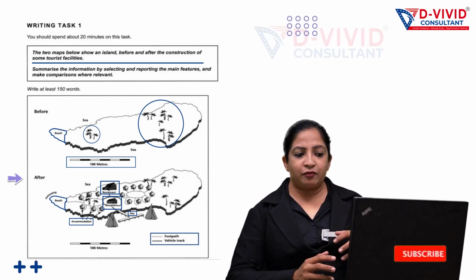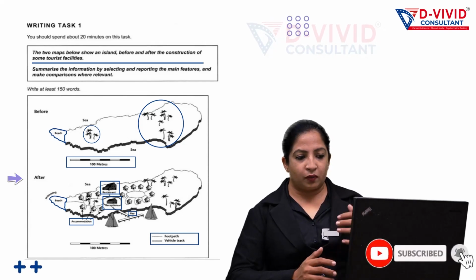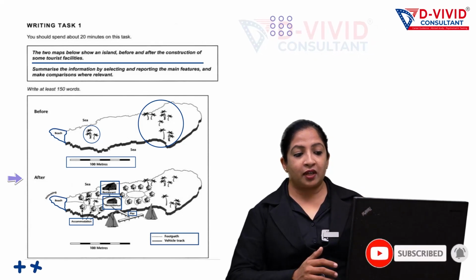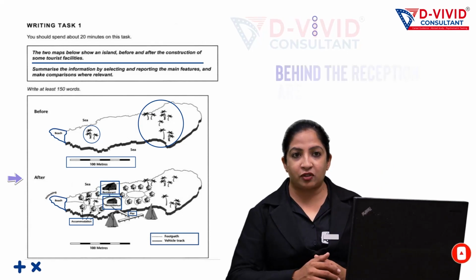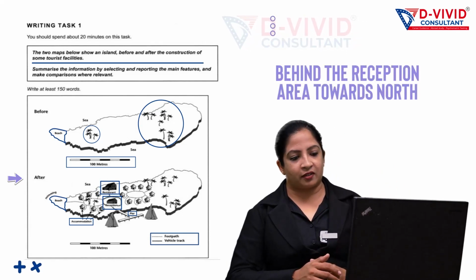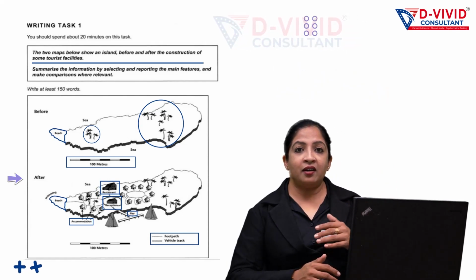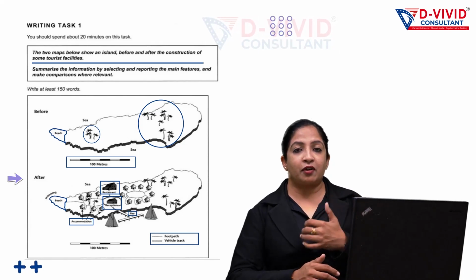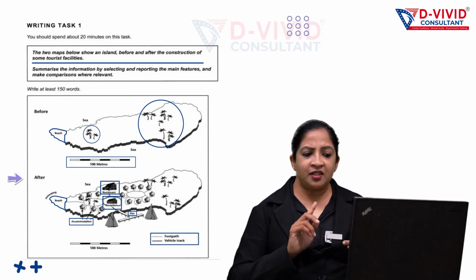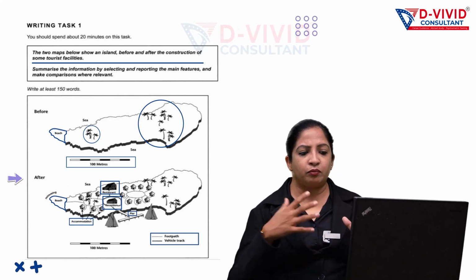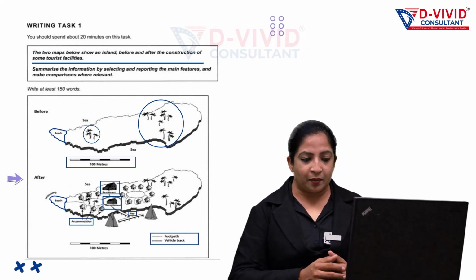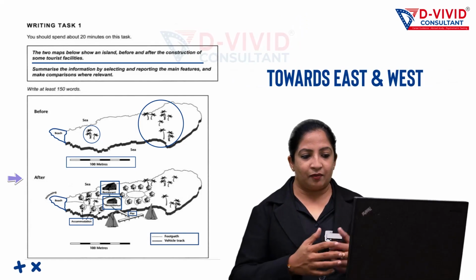So if I have to talk about the restaurant, where is the restaurant located? It is located just behind the reception area towards the north, and the pier is towards the south in front of the reception. Whereas the accommodation areas are on both sides of the reception area, towards the east and west.